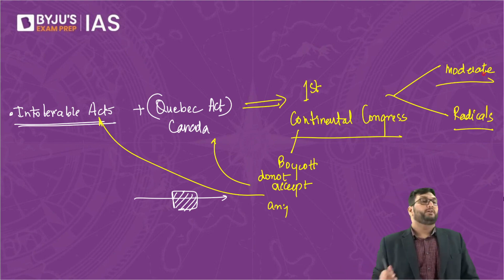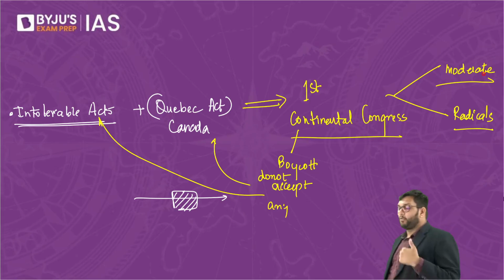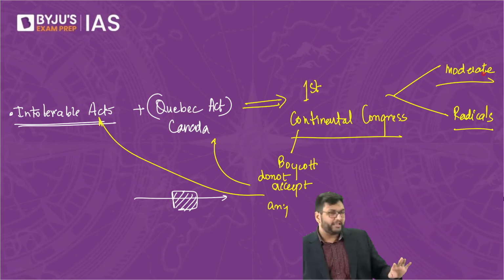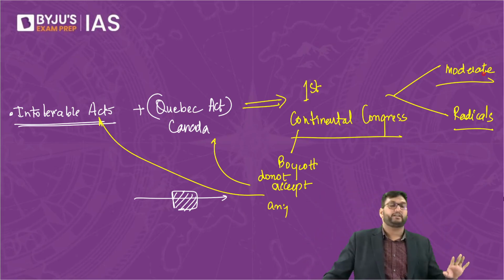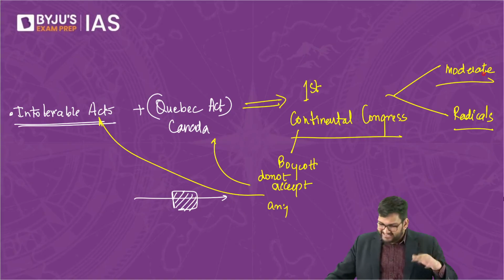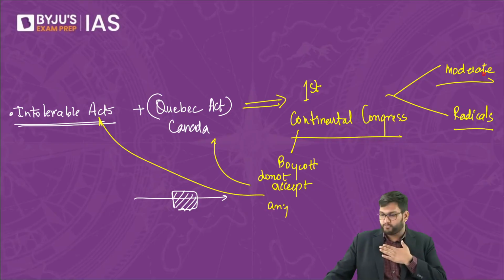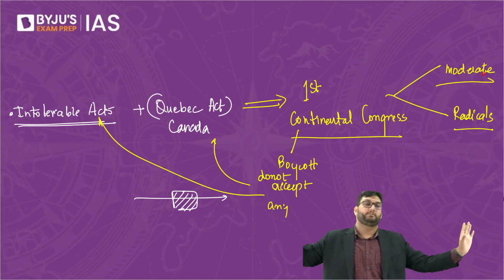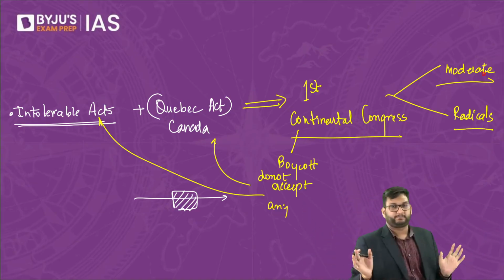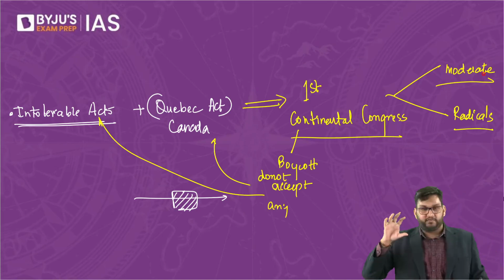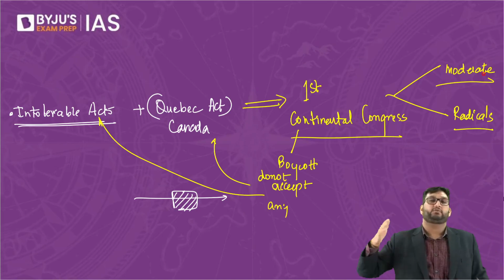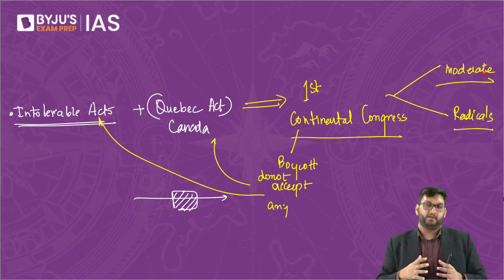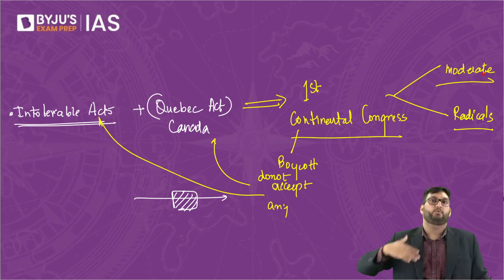Moderates argue that maybe we are overreacting, and let us still have a relationship with the British. But the radicals or the extremists, who were the Sons of Liberty, argued we want no relationship with the British, we want independence. Now, at the First Continental Congress, at a place called Suffolk, they will come to a resolve. Let's see how this relationship goes forward.